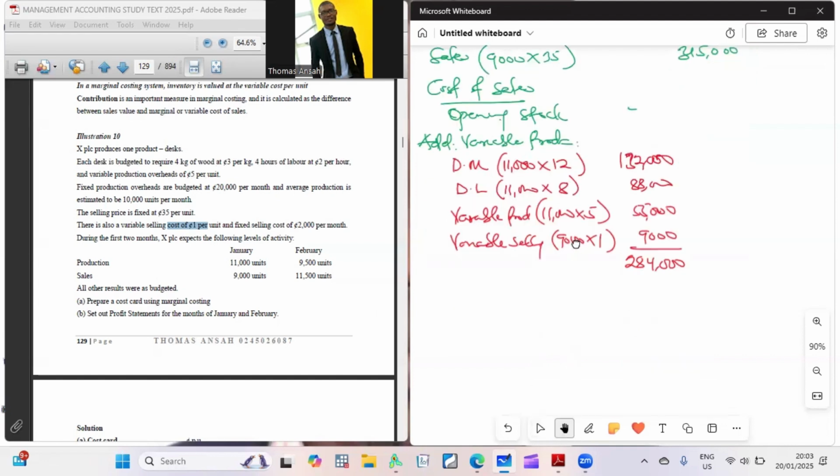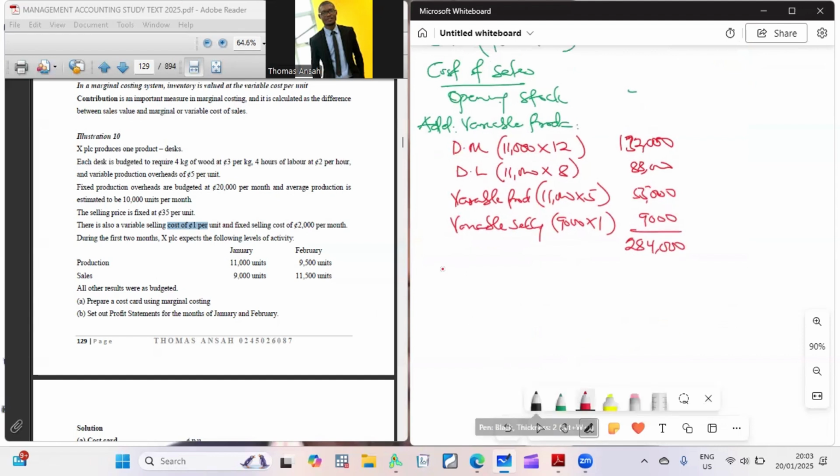Now let's less our closing stock. Our opening is 0. Production, 11,000, minus sales, 9,000. So we know our closing stock is 2,000. But the price at which we are going to price it is how much?